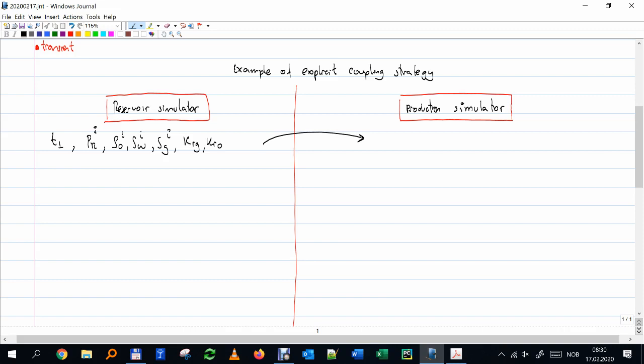For that particular time, I transfer some information that I have in my production simulator, an analytical model for IPR.